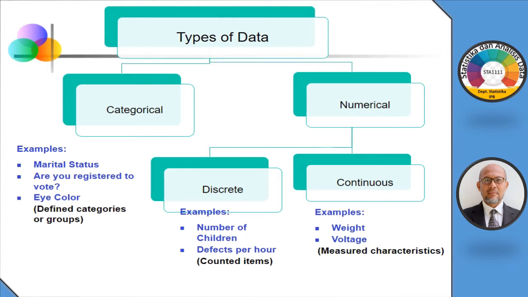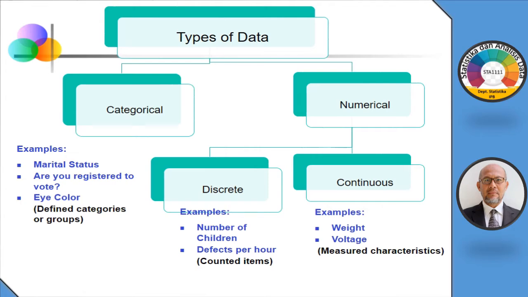If previously we differentiated data based on measurement scale, now we differentiate it based on data type. Based on the type, the data is divided into categorical data and numerical data. Categorical data can only distinguish categories, while numeric data is divided into two types, namely discrete and continuous.